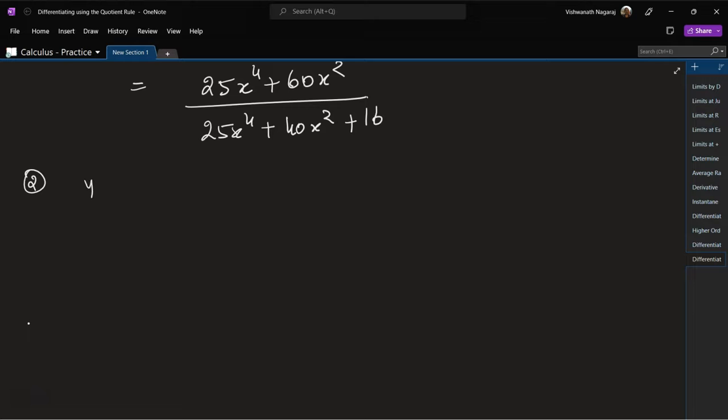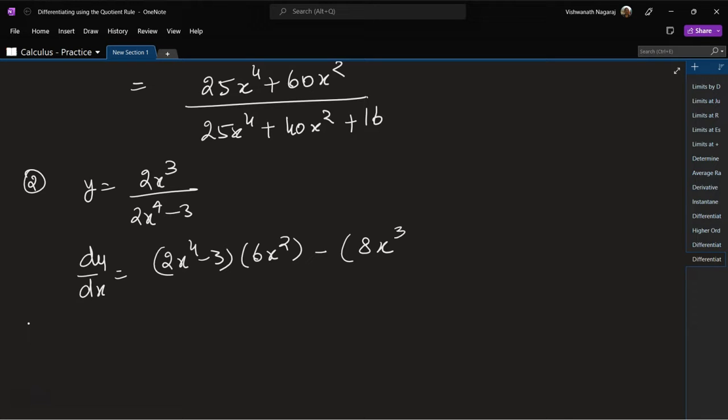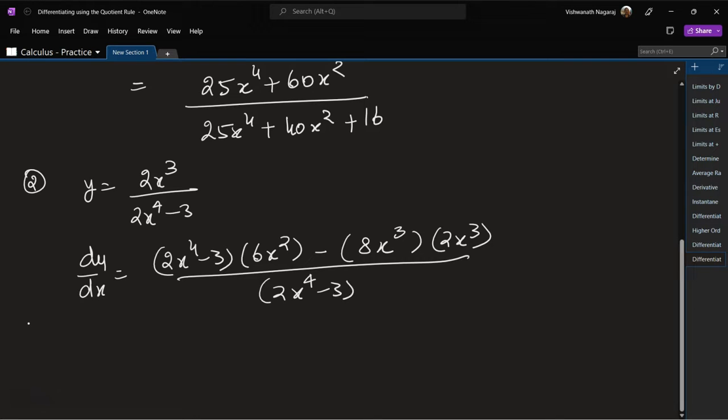Okay, second one, y is equal to 2x cubed by 2x to the power of 4 minus 3. Again, dy by dx is equal to the denominator as it is, derivative of the numerator, minus the derivative of the denominator 8x cubed, times the numerator as it is, divided by the denominator power 1 plus, so 2x to the power of 4 minus 3 square.